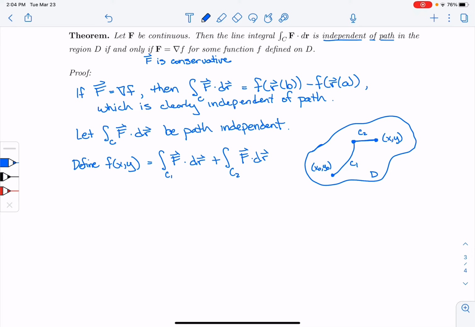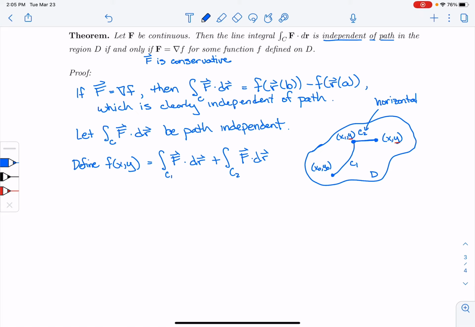So very important that C2 here is horizontal. There's going to be some intermediate point that we get to, say x1, y. And these two y's are the same.